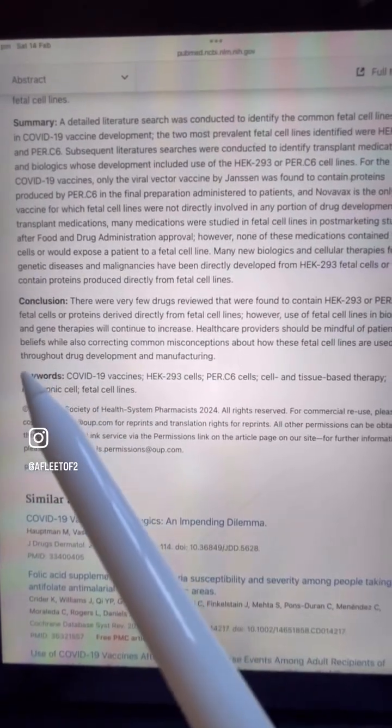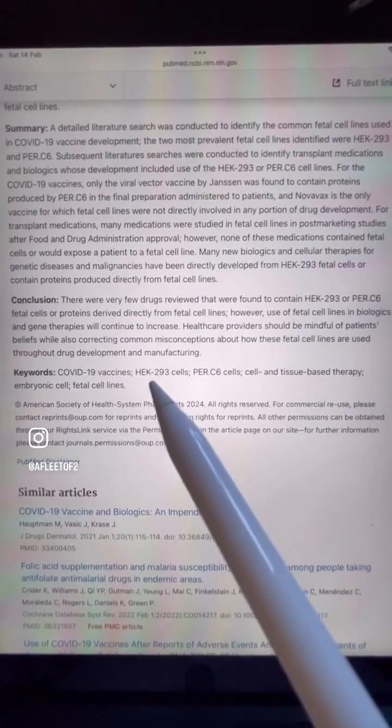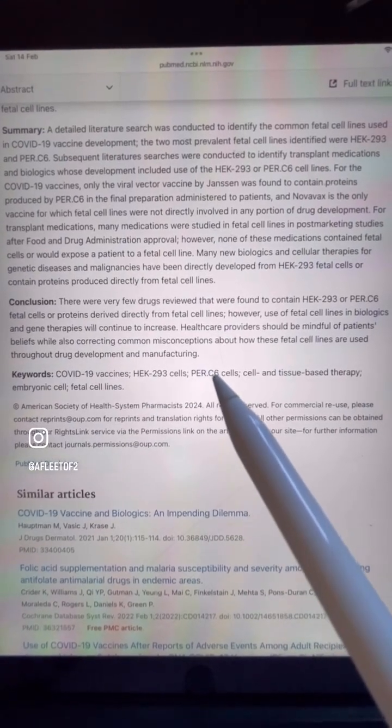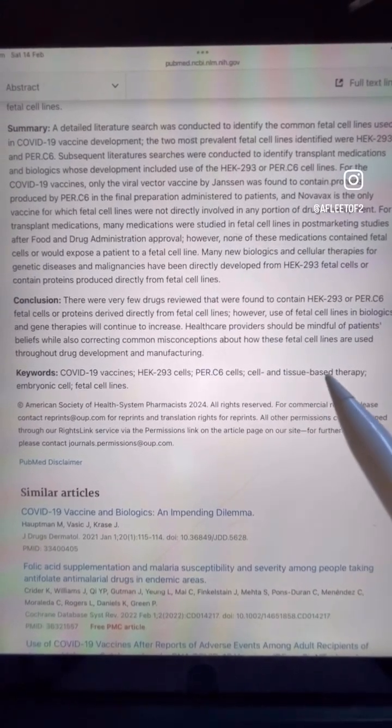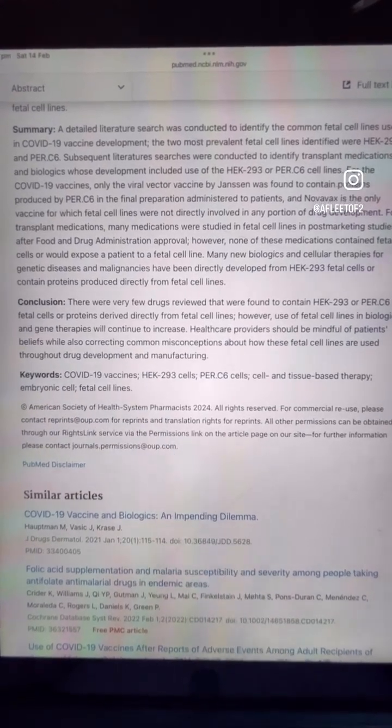So if you look at the keywords for this article, you will see COVID-19 vaccines, HEC 293 cells, PER-C6 cells, cell and tissue-based therapy, embryonic cell and fetus cell line.